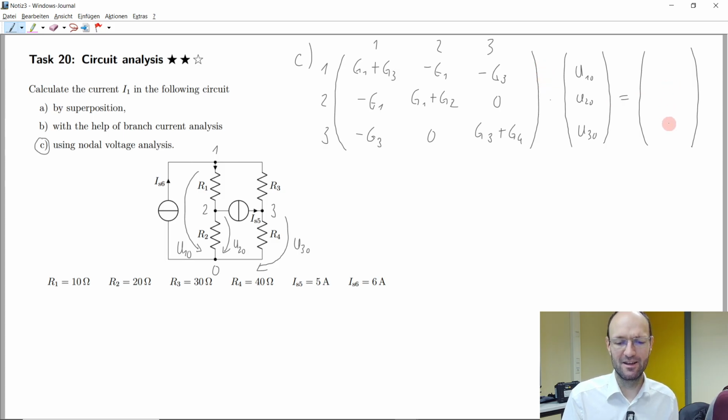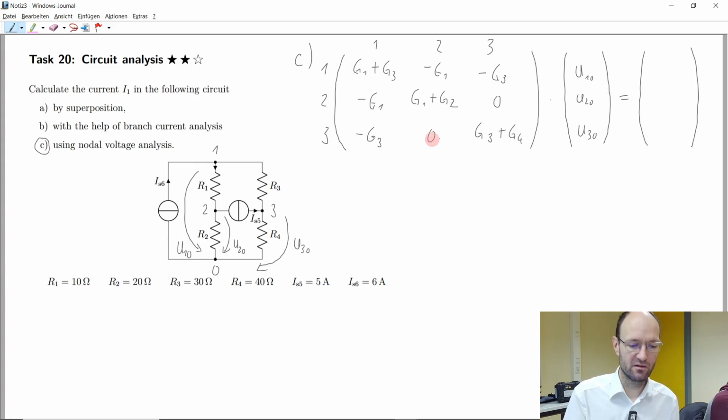And I think yesterday we did not really talk about the source vector because we had just one source yesterday. But do you know this rule? What happens here in the source vector? We have the known current that is getting into the node. Remember when we set this up yesterday, each of these equations was a Kirchhoff's current law for each of the nodes.